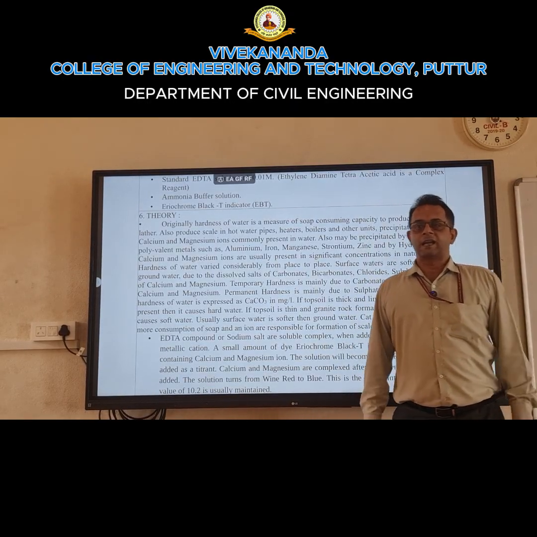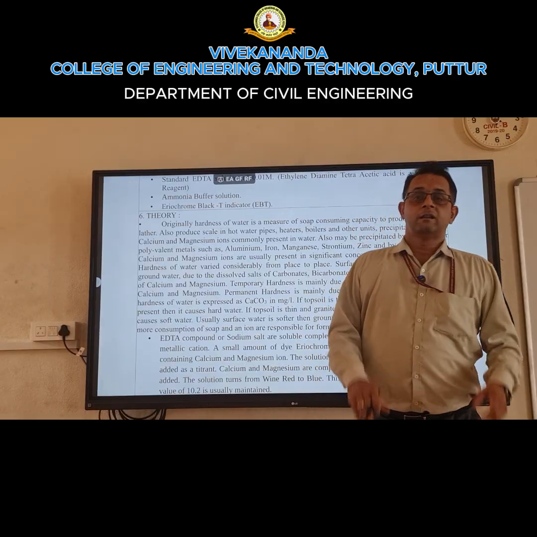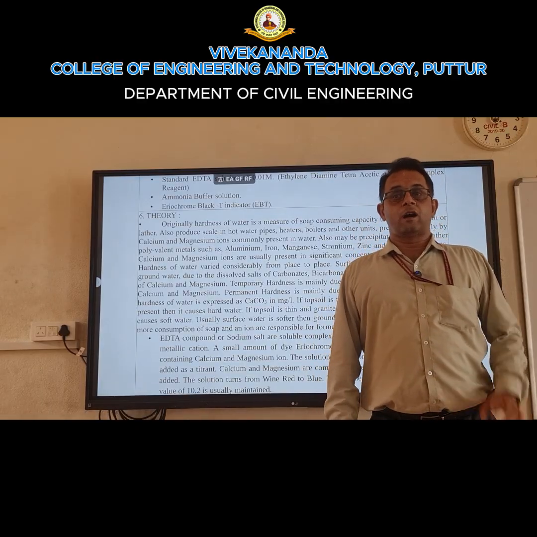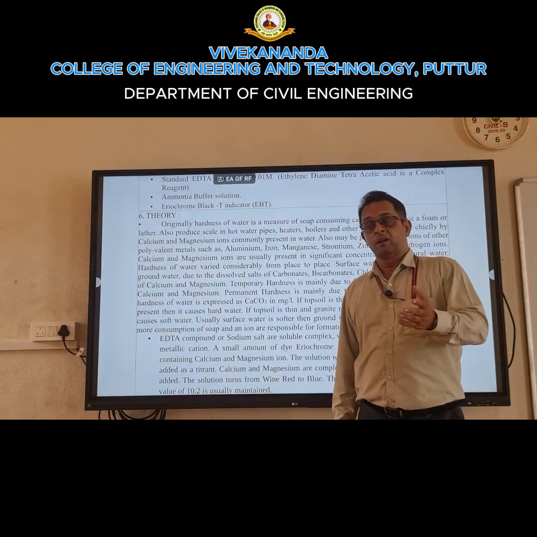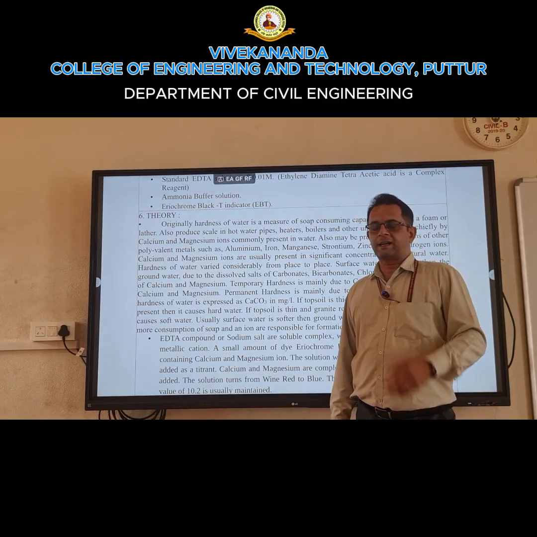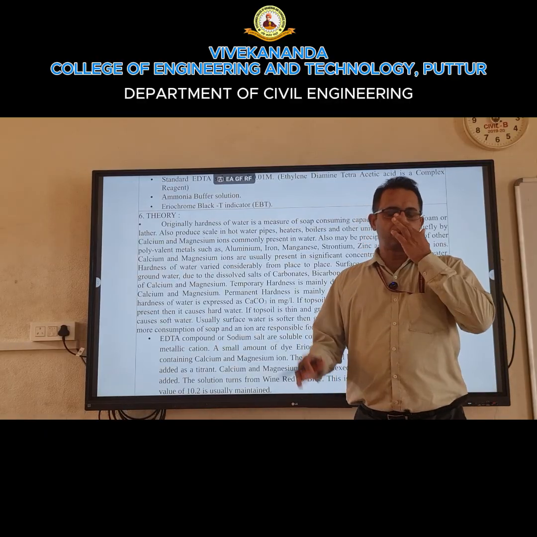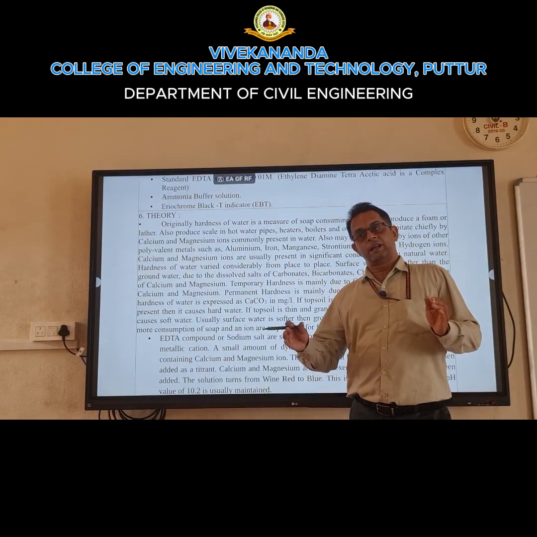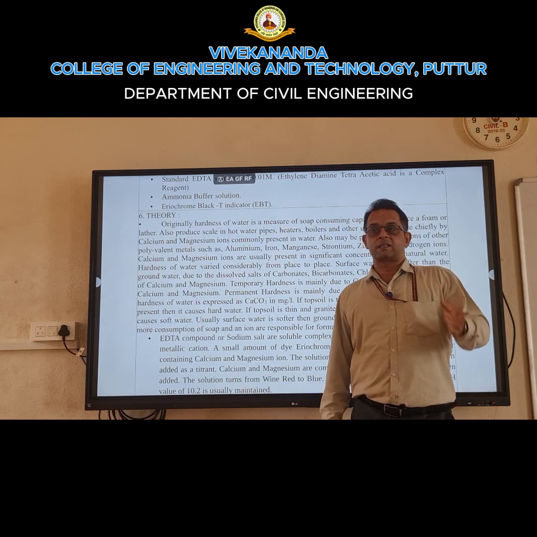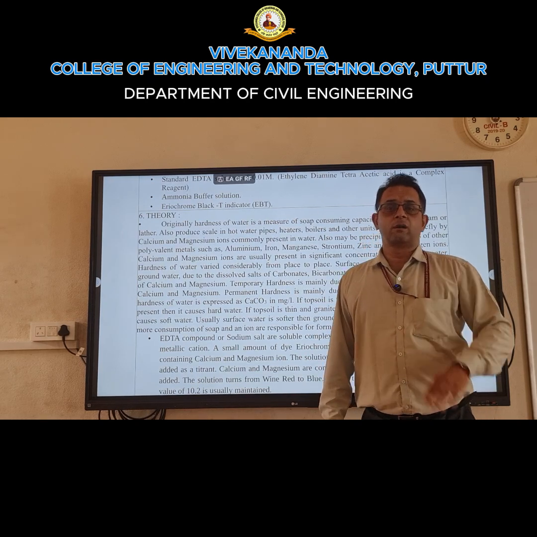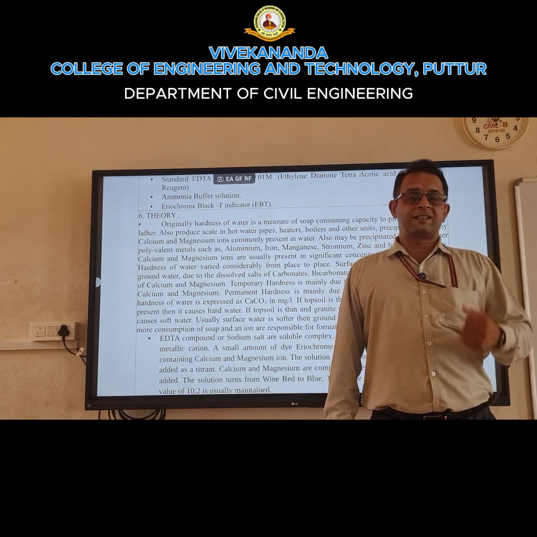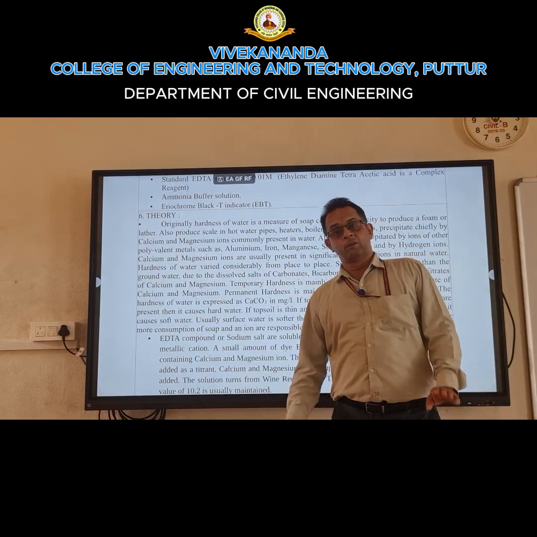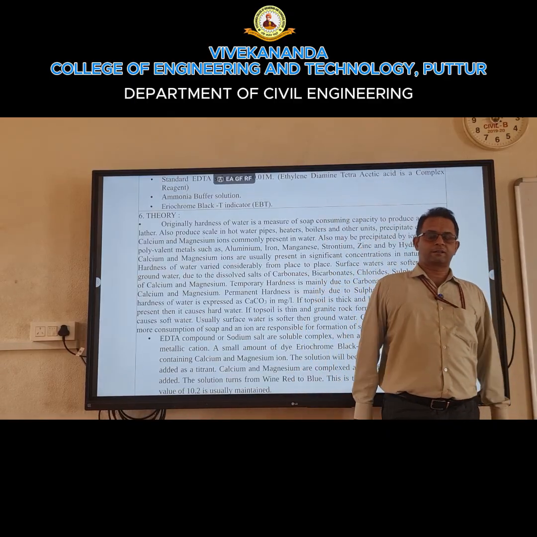Very simple. I can boil the water, or I can add excess lime so that the temporary hardness is removed. But to remove the permanent hardness, we require chemical treatment such as the lime soda process, zeolite process or ion exchange process, etc.